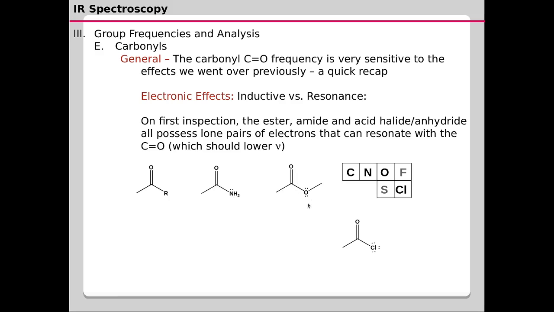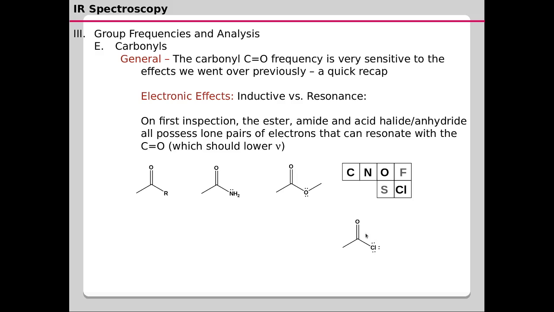Okay, and the same thing you should be able to see in the case of oxygen, where the oxygen can donate electron density towards the carbonyl carbon, whereas the oxygen can also withdraw electron density from the carbonyl carbon through the inductive effect.